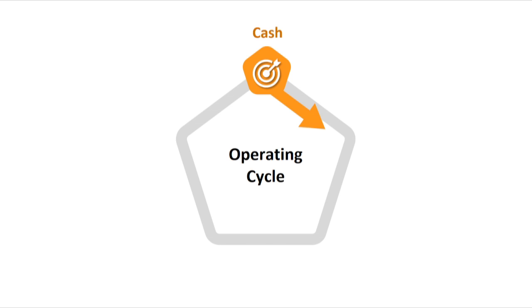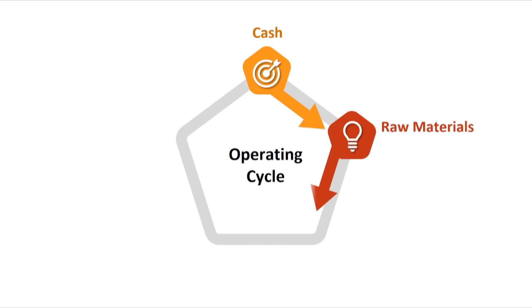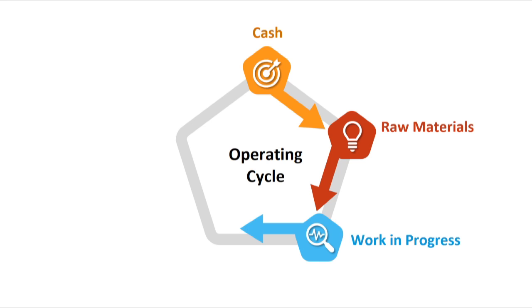This is basically the operating cycle. It basically shows the working capital. Operating cycle means you have cash in your hands after you have done all your fixed assets. So, you convert the cash into the raw materials. That means you purchase the raw materials from the cash. From the raw materials it is work in progress, the work is going on, and then you have the finished goods.